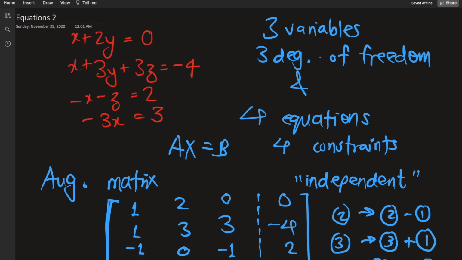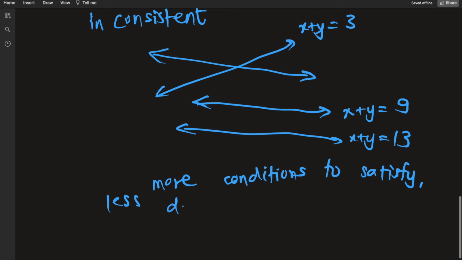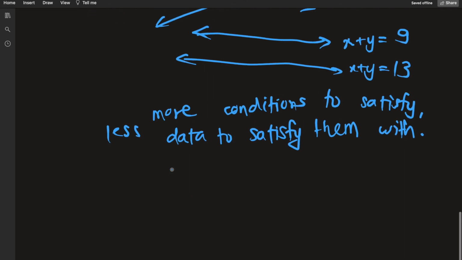So we basically have more conditions to satisfy and less data or degrees of freedom to satisfy them with. So there's some sort of shortage.